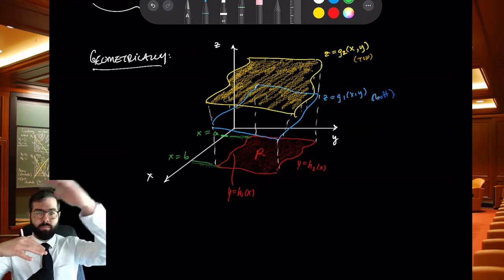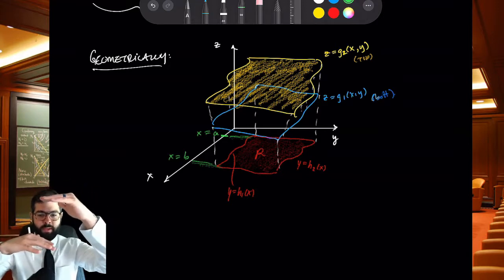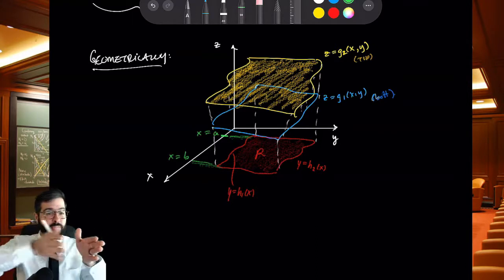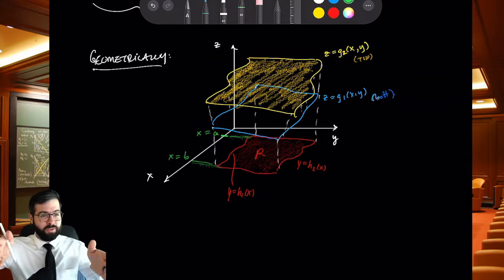Well, we start down here and we stop up here. And then, all right, I got to scan across my y inputs. Well, if those are trapped between two curves in the xy plane, then we start down here and end up here. And then we can let x be two constants where we just scan from A to B. Okay, so top to bottom, side to side, side to side.